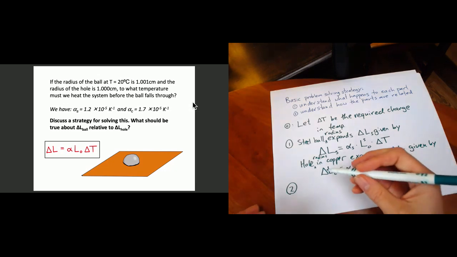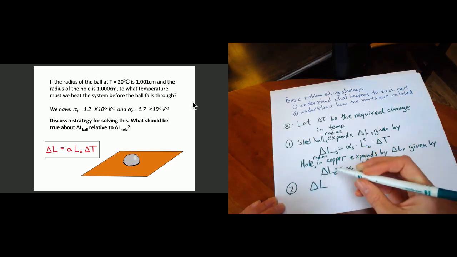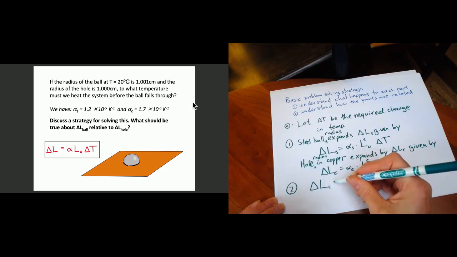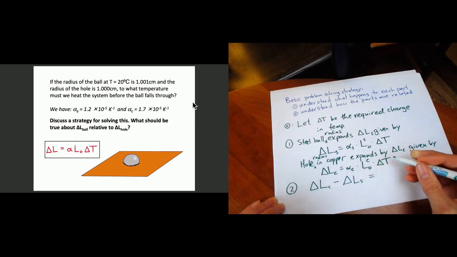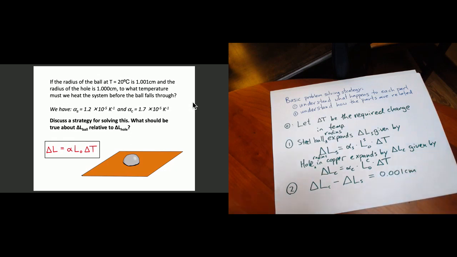And so what we need is that the change in the length of the copper plate minus the change in the length of the steel has to be equal to or bigger than 0.001 centimeters. That's the amount by which the hole is initially smaller. So after all the expansion happens, the copper plate has to expand more than the steel ball, and the difference has to be 0.001 centimeters.